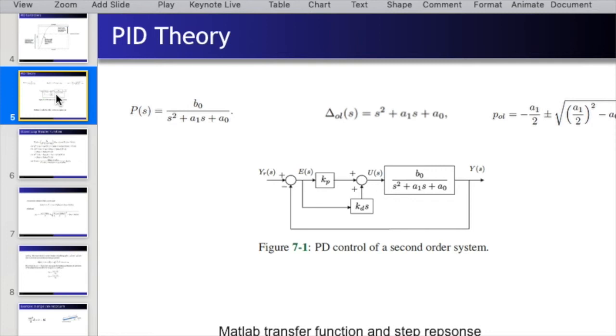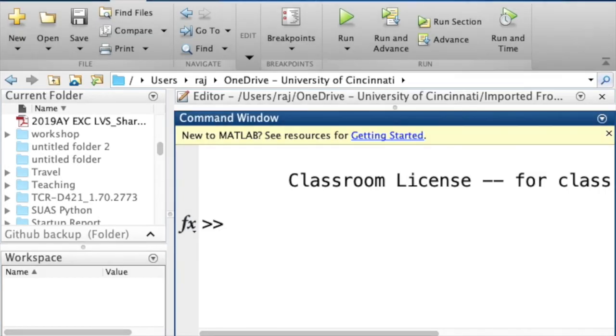First define a vector for the numerator and denominator. Let's pick some values: b0 is 1, a1 is 2, and a0 is 1 as well. That's the transfer function we want to enter.